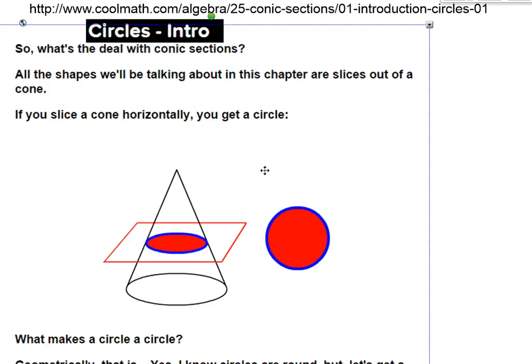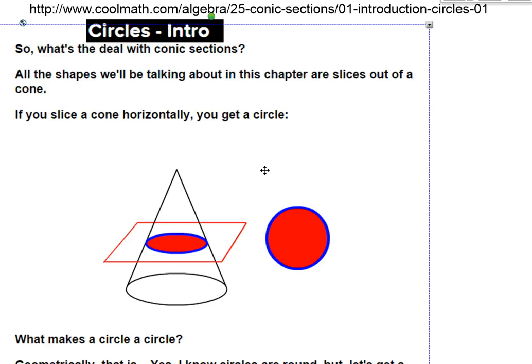Okay, so the first part of the introduction is on circles, and we've already done circle things and looked at circle formulas. All of the things we're talking about are slices out of a cone. If we had a cone and sliced it parallel to the base, which is a circle, we would always get a circle.